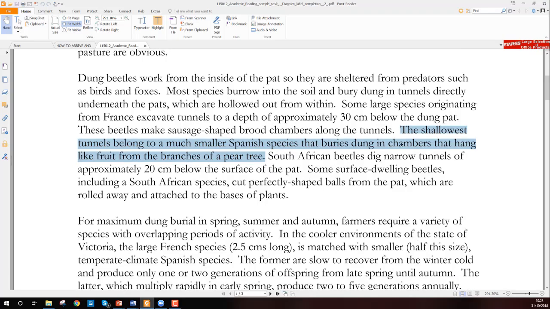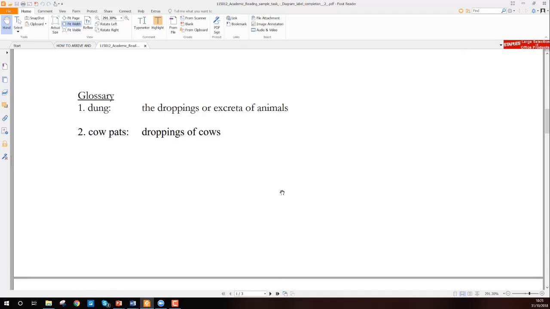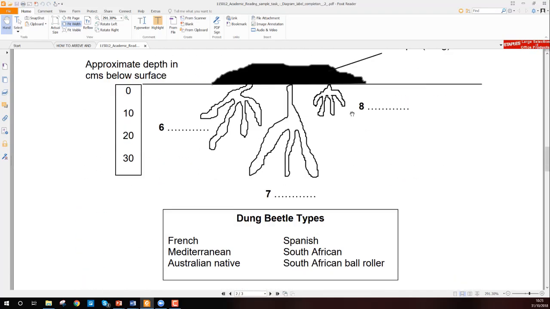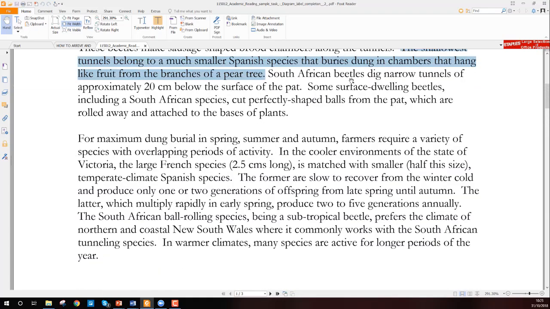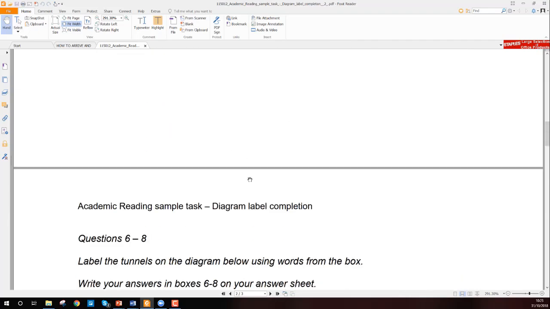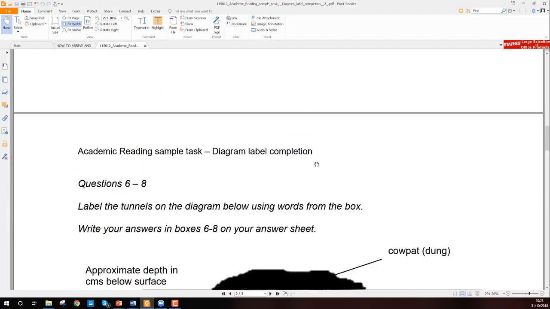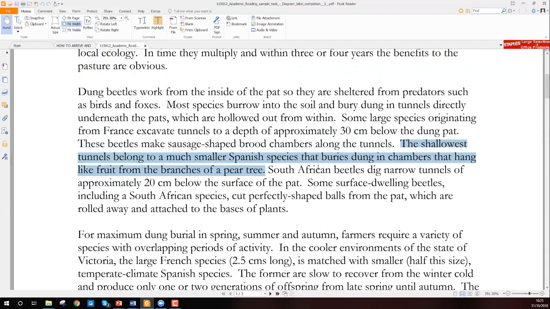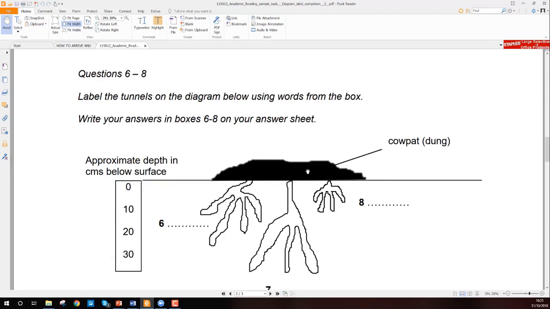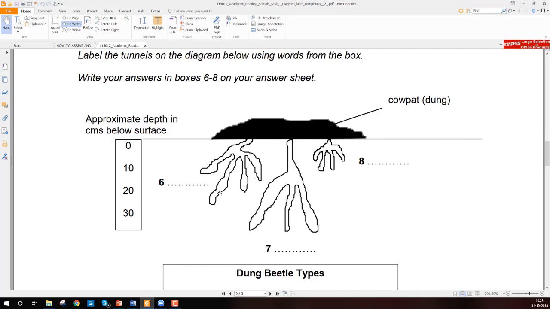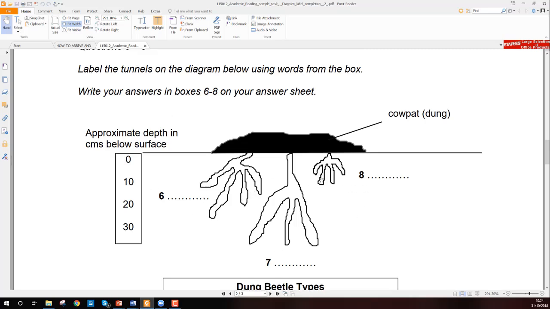But what they're doing there is they're getting you to interact. So the interaction between the diagram and the text. So you have to understand the diagram in order to find the correct answer. So if you didn't look at the diagram carefully enough and you didn't understand the difference between these three things, then you wouldn't be able to find the correct answer.